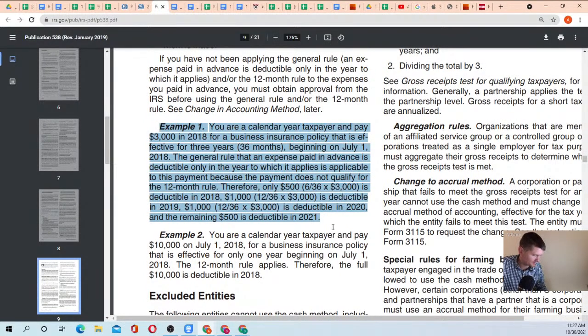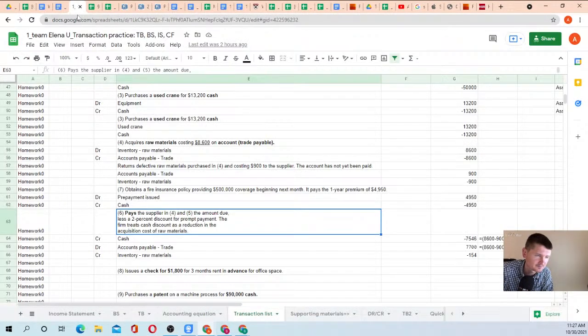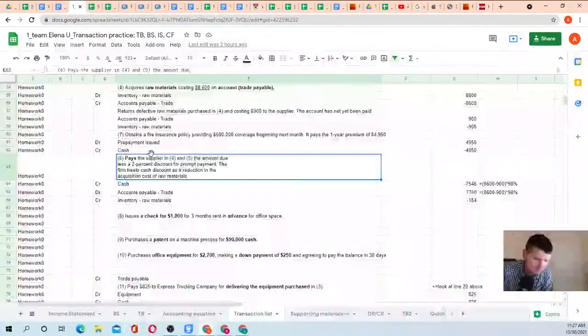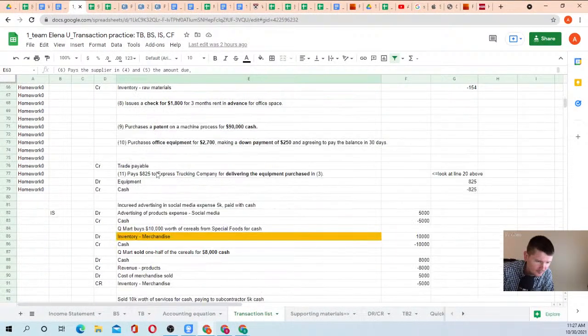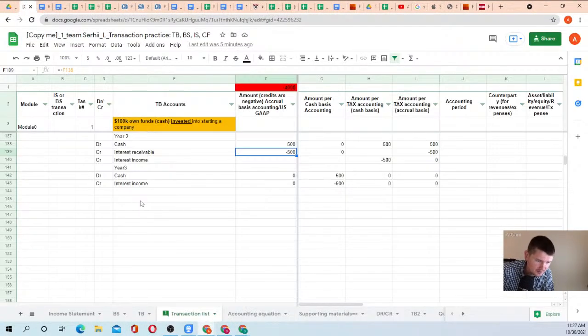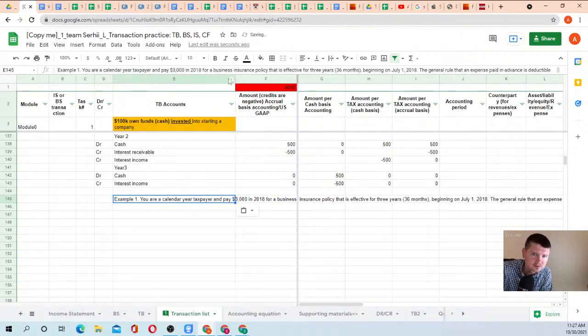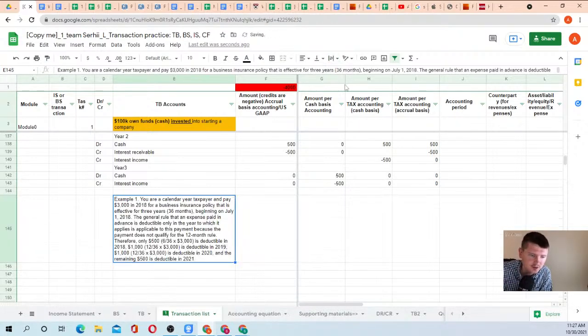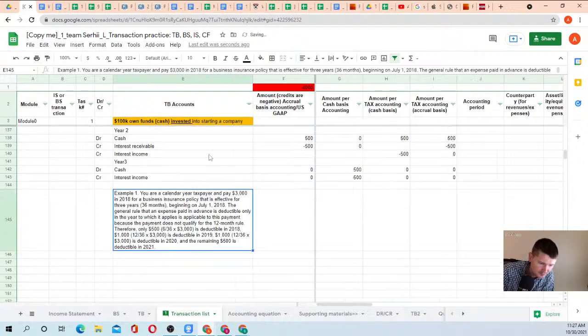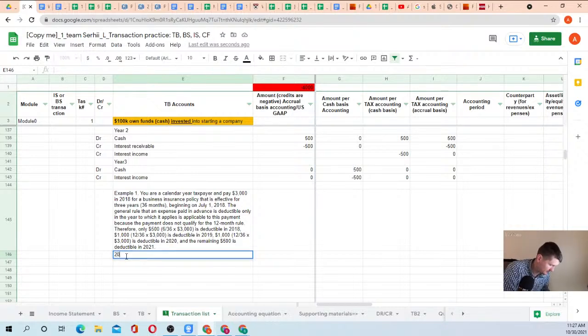Let's now make an example from that. Where is my file? Okay. It will be a pretty long example. So we prepaid $3,000 in 2018.